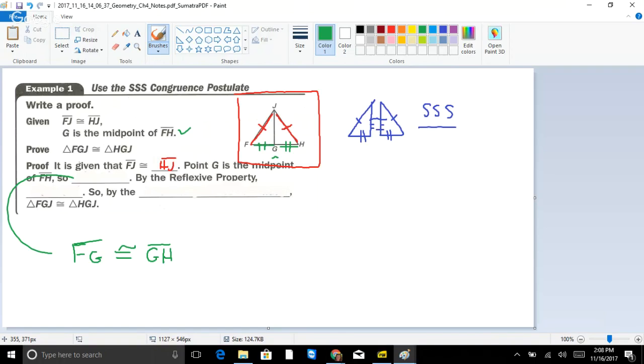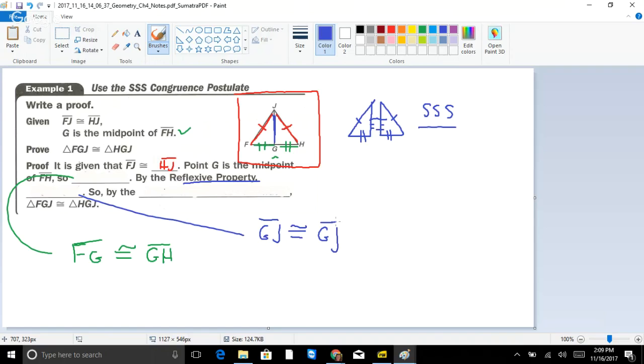Okay, and then the last line that we have to deal with is this one right down the middle. We need to make sure that GJ is congruent to itself. Well, GJ is congruent to itself because of the reflexive property. So by the reflexive property, GJ is congruent to GJ.